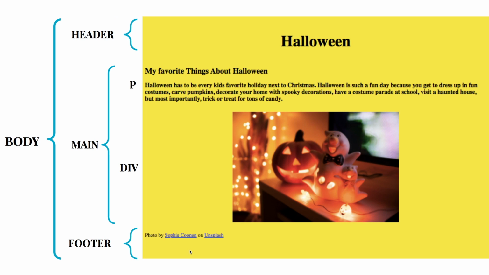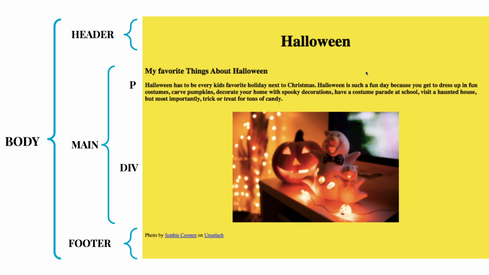All right. Now I constructed this very simple web page, and I just wanted to give you a better sense of how those tags work together. So here is my body, right? So whatever's in my body is going to be what's displayed. And what I mean by that is in my header, I titled it Halloween. And in my main tag, I placed the paragraph tags.